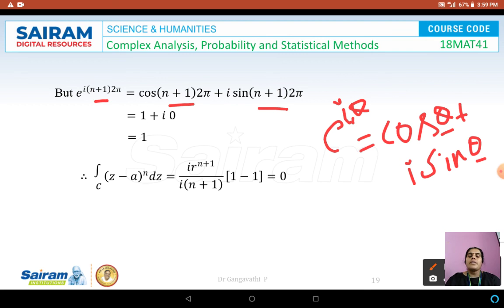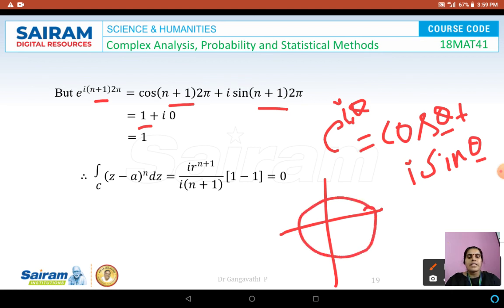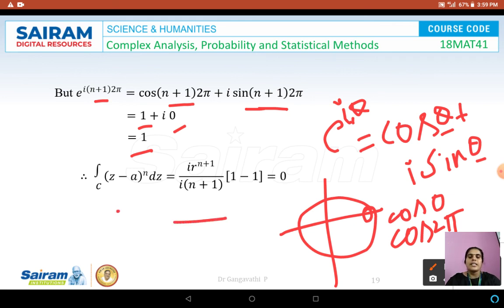So cos of n plus 1 times 2 pi: cos 2 pi is a complete circle, here we get cos 0, cos 2 pi and all even multiples like 4 pi, 6 pi, everywhere the answer is going to be 1. And sin 2 pi value was 0. Therefore, e to the power of i n plus 1 into 2 pi results in 1. Therefore, the integral over c of z minus a to the power of n dz, on substituting, the answer is going to be 0.